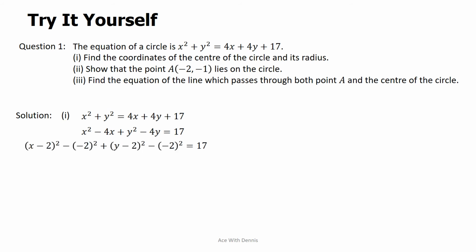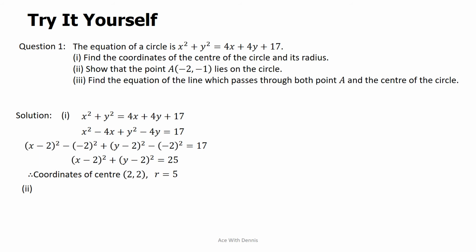Then we perform completing the square, which becomes (x minus 2) squared minus (-2) squared plus (y minus 2) squared minus (-2) squared equals 17. Simplifying this equation, we get (x minus 2) squared plus (y minus 2) squared equals 25. From this equation, we can determine the coordinates of the center is (2, 2), and the radius is 5.